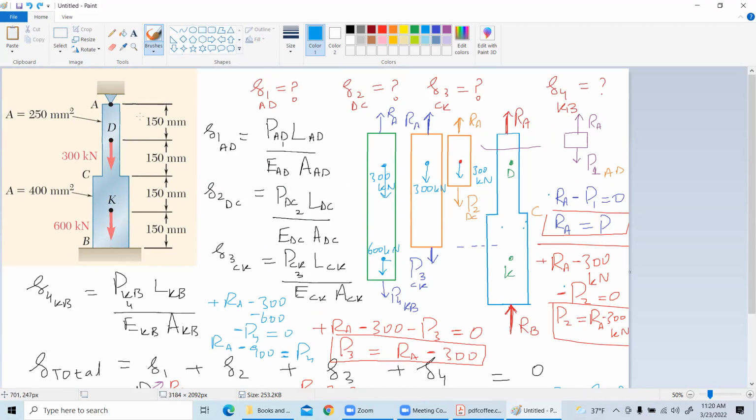So for this structure, as long as you have a rigid support here and a rigid support here, there is absolutely no way that the total deflection will change. Total deflection will remain 0. Of course, if the top support itself is not rigid, that's a different story. But because we are splitting the part with two rigid supports, they are completely rigid.